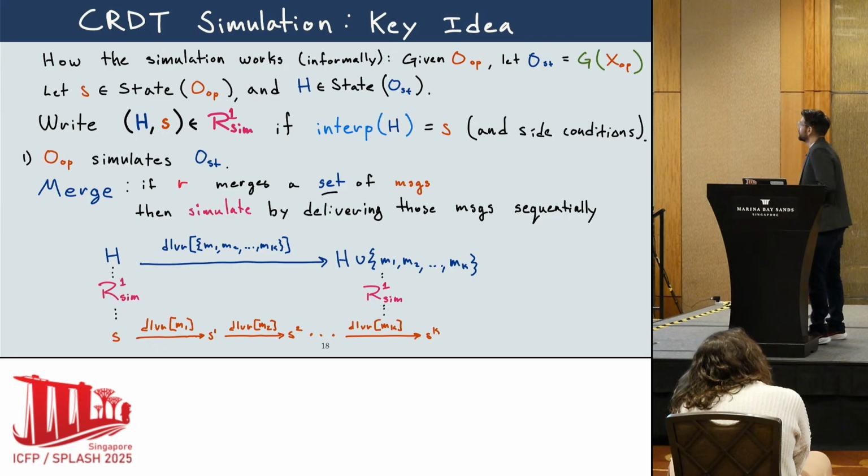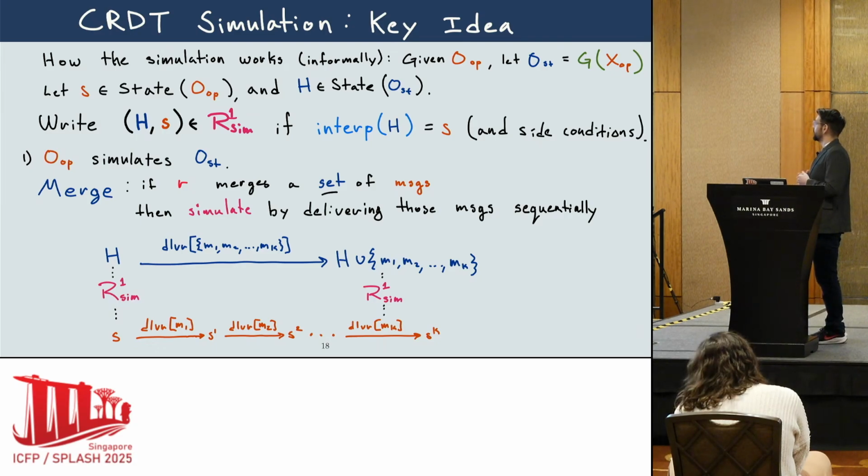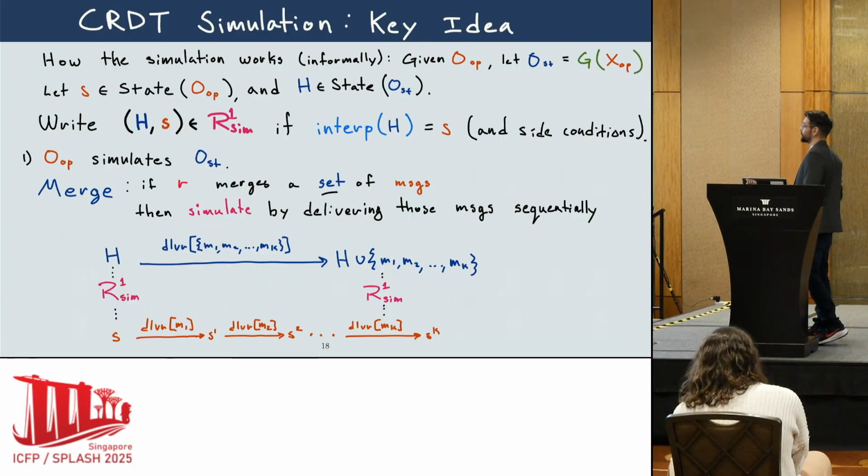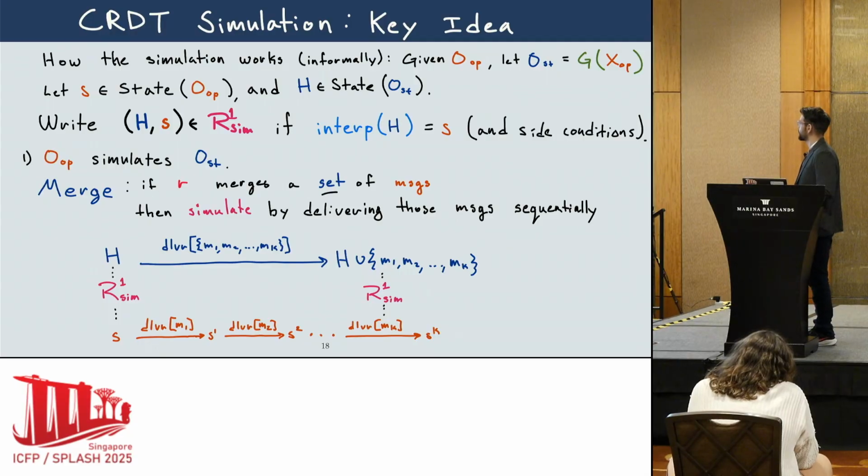OK, so I'm going to show the two main steps in the simulation. We're going to first look at the op-based CRDT simulating the state-based one. So given this op-based CRDT, we construct the state-based representation of it. And we'll say that H and S are in simulation if we can interpret H into S. There are some side conditions, but for the purpose of this talk, we won't get into that.